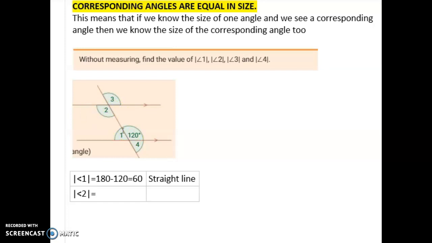So I can say that angle 2 is 120 degrees because it's alternate. Okay, angle 3. What can we say about angle 3? Well, we know angle 2 is 120, so angle 3 is going to be 120. How do we know? Because it's vertically opposite.